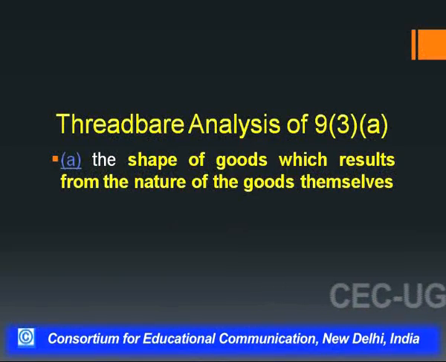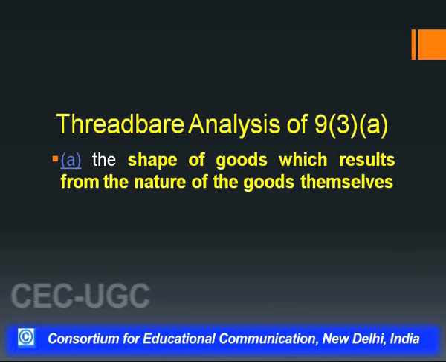So if anyone aspires to obtain that kind of shape as a trademark for his goods, he won't be able to get it. So there can be several examples to make you understand that any shape which results from the nature of the goods themselves should not be given trademark protection.